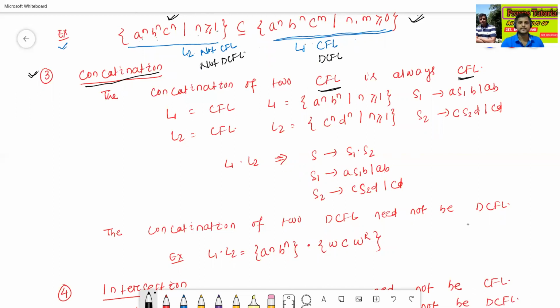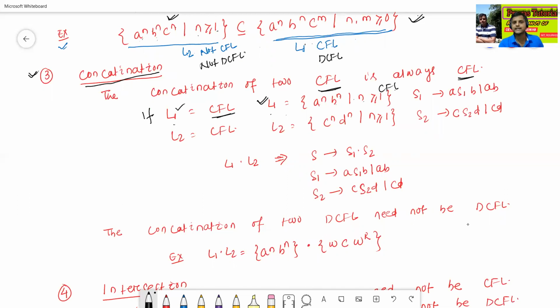So how? See here. If L1 is a context-free language, we can take the example L1 equal to a to the power n, b to the power n such that n is greater than or equal to 1. This language is CFL.